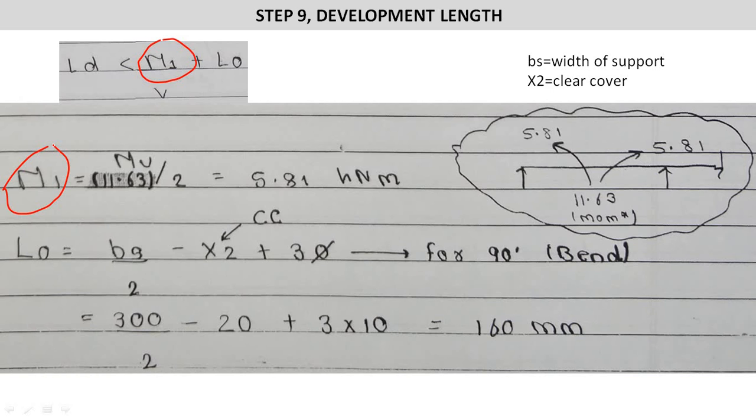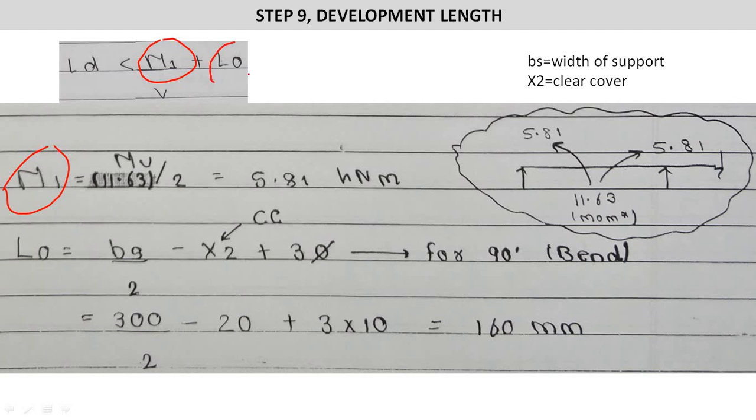So the maximum value of bending moment is 11.63, divided by 2, because it will transfer half the moment at one support and the other half at the other support. So we will divide the moment by 2 and have the value of M1 as 5.81 kilonewton meter.